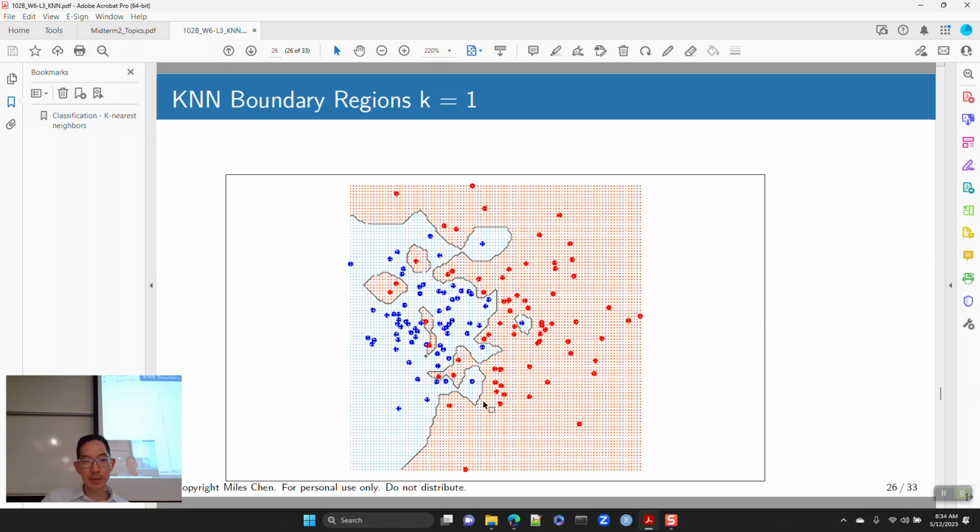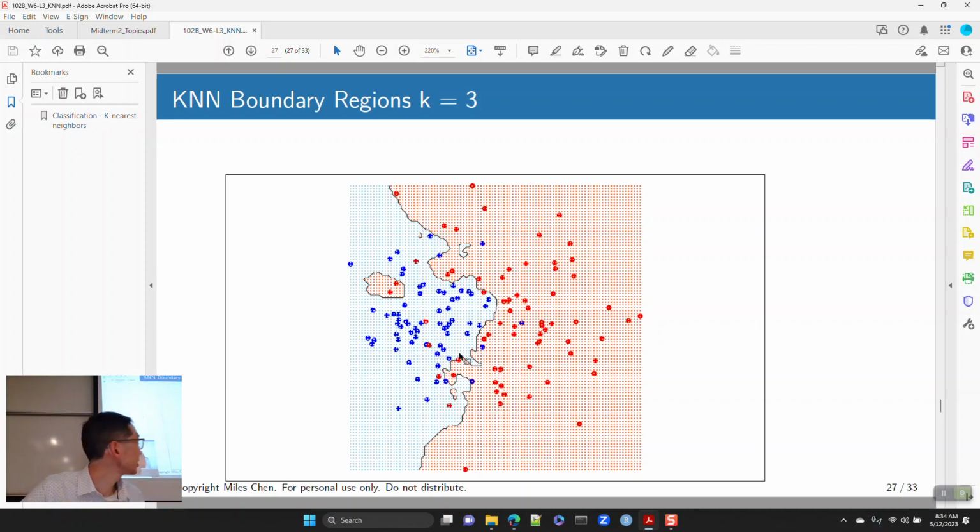Okay, but as soon as I bump up to k equal to say 3, these little red dots aren't enough to hold on to the territory. You get a little bit of weird things here. Here's a dot where the 2 nearest neighbors are these 2 red dots and this blue dot. The 3 nearest neighbors are these, and so this actually gets classified as red.